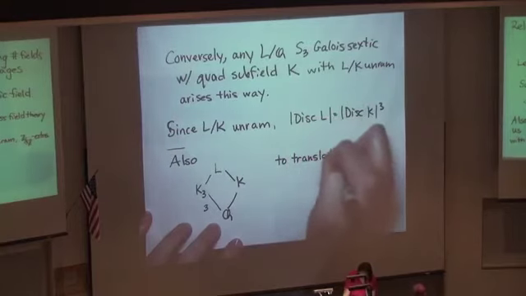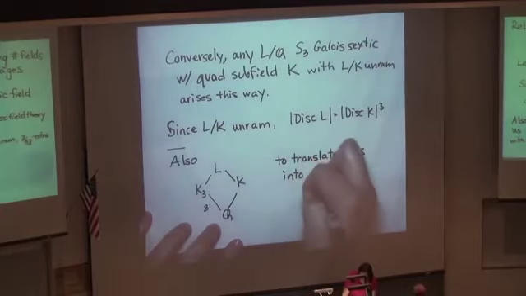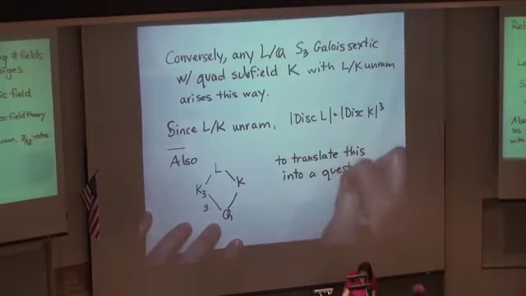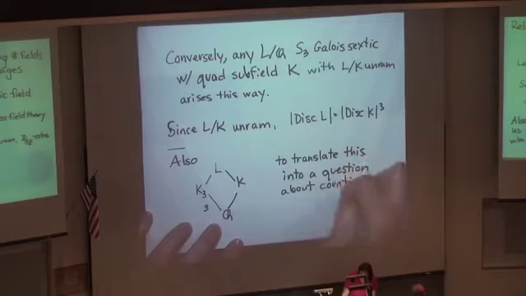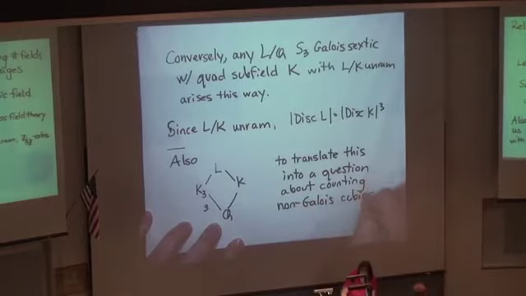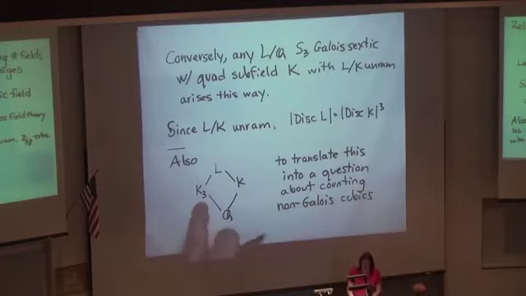So also we can use this diagram to translate this into a question about counting not Galois sextic fields, but non-Galois cubic fields. So we can turn this into a question about counting non-Galois cubics by counting our K3s instead of our L's.